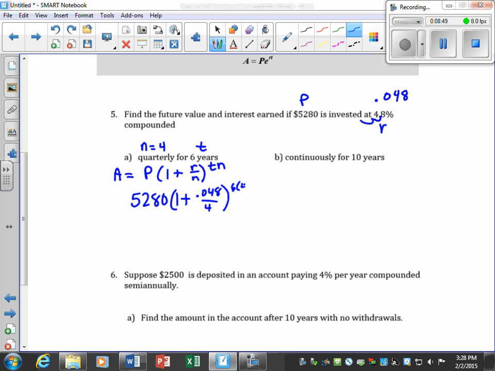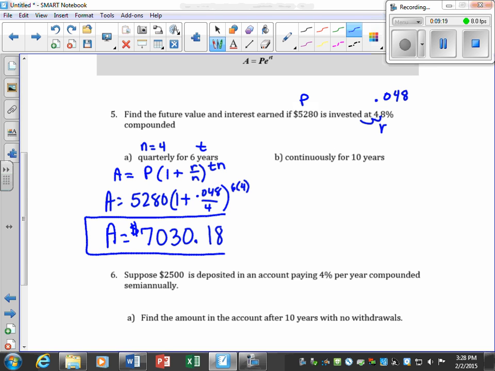T is 6. So let's put this in our calculator. We'd say 0.048 divided by 4, hit enter, plus 1, enter, raised to the 24th power, enter, times 5,280, and our amount is $7,030.18.